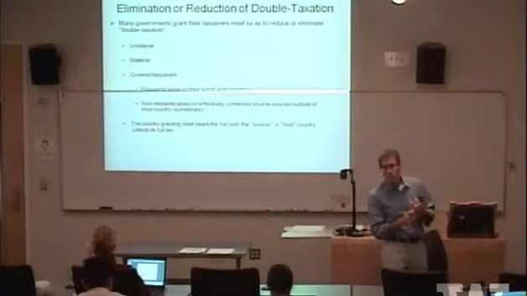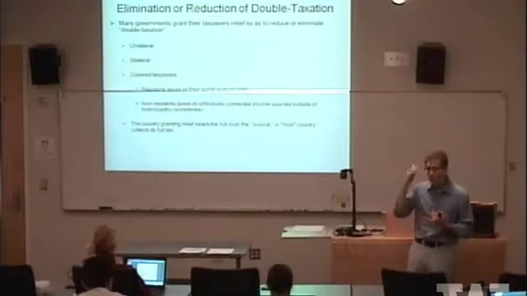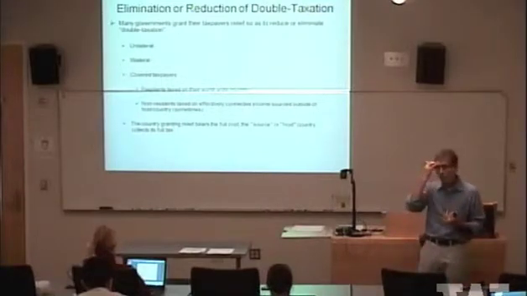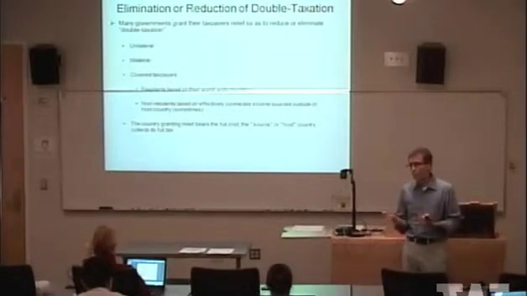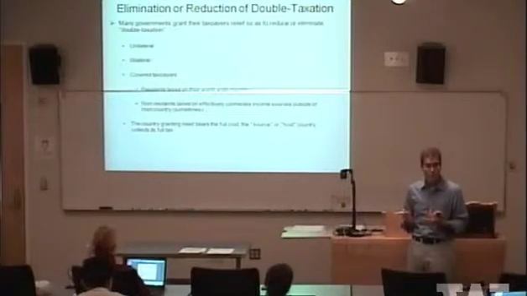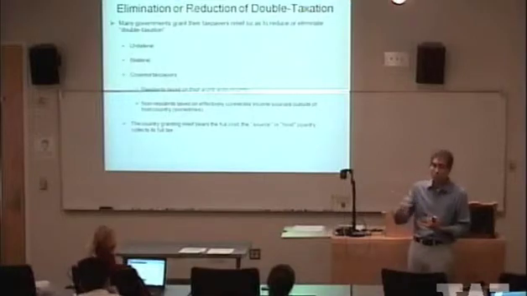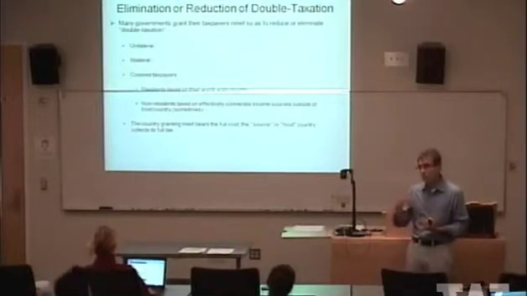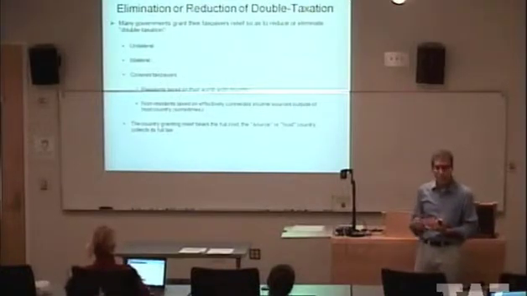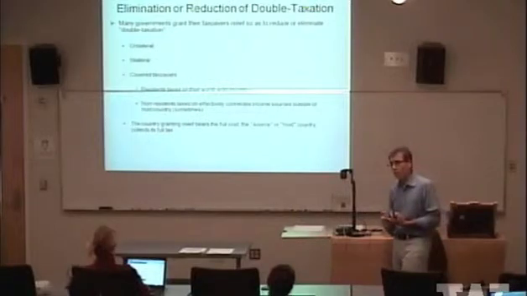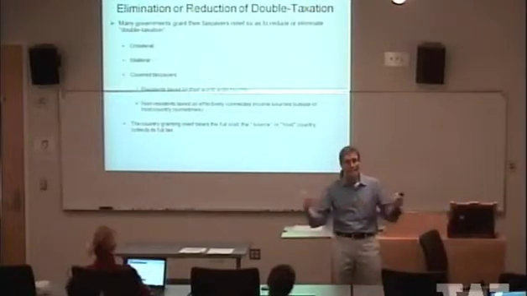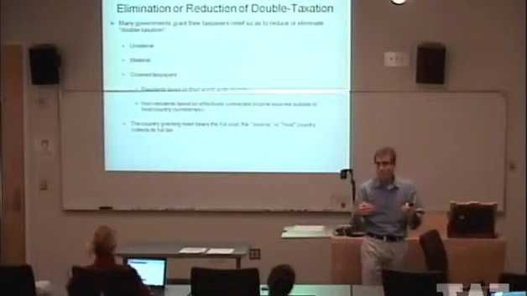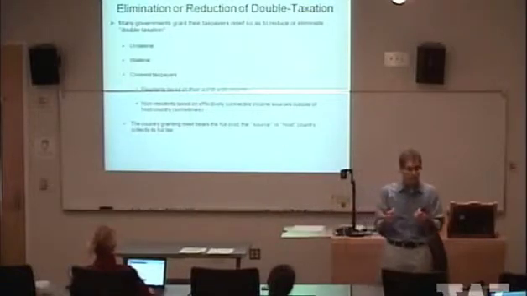Another aspect, we'll get to the several types in a moment, but one thing to just note and be aware of. Some countries, at least in my experience, most countries, on a unilateral basis, grant a credit. Grant the foreign tax credit, or exemption, as you'll see. But there are some countries that will only grant a credit where there's, for example, a tax treaty between the two countries that provides for it.